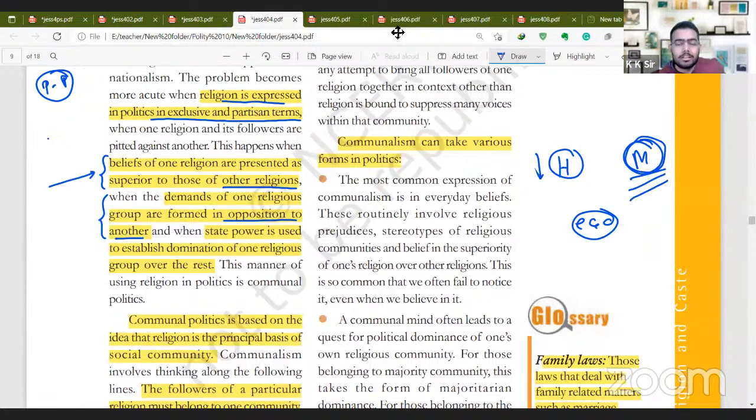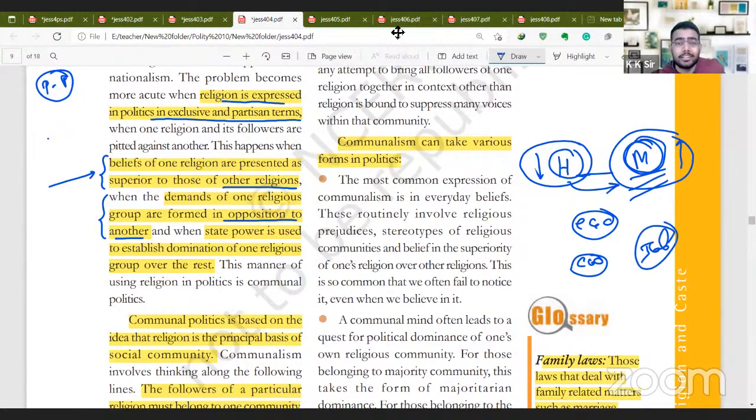Why? Because a group of people are saying that your demands are different than their demands. What they need is not what you need, and what you need is not what they need. But essentially all of you need economic prosperity, all of you need jobs. लेकिन दिखाया ये जाता है कि तुम्हारी जो नीड्स हैं, it is against the needs of the other community.